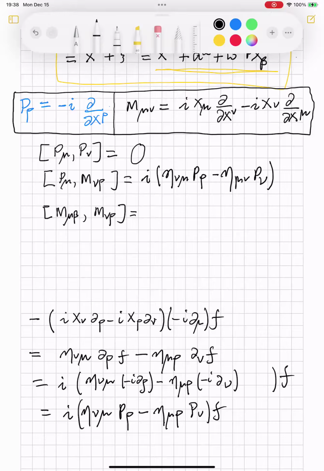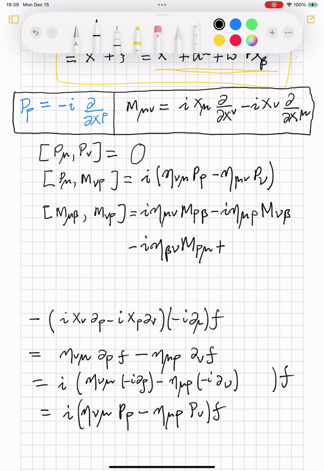This is equal to i eta mu rho m nu beta minus i eta nu rho m mu beta minus i eta beta mu m rho nu plus i eta beta rho m nu mu.